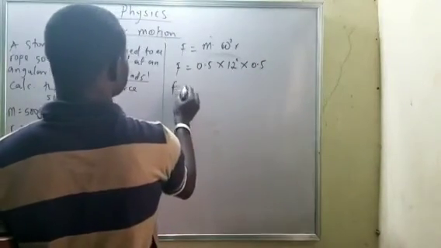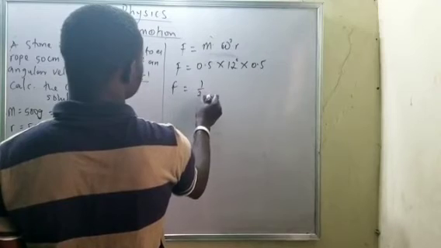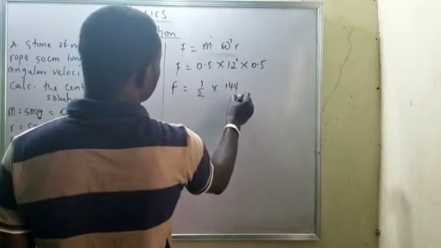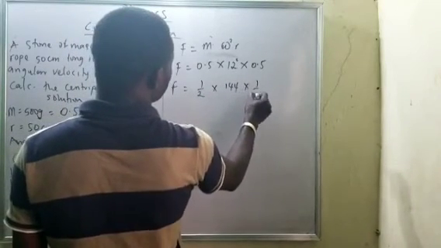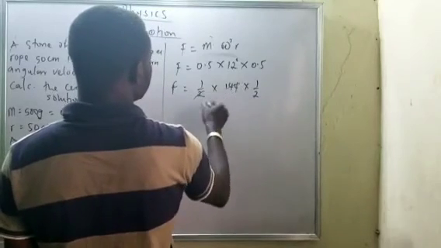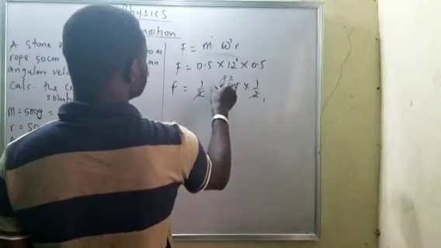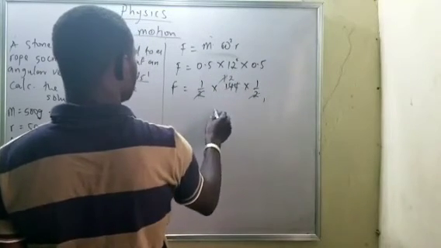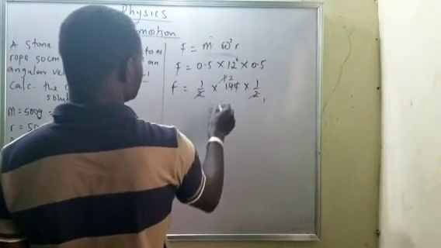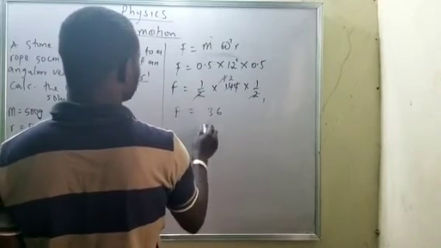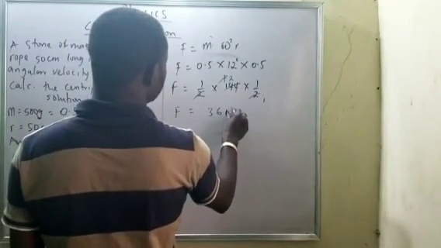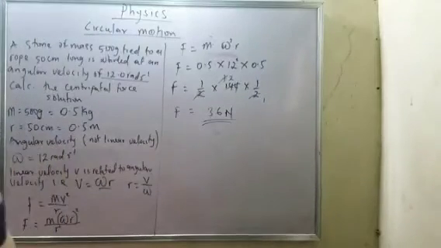I can say that 1 over 2 multiplied by 144 multiplied by 1 over 2. Here is 144, over 4, which gives my F equal to 36 Newton. That is my answer.